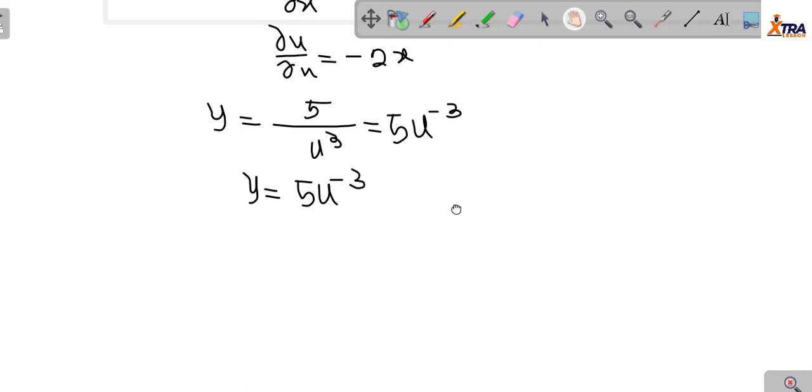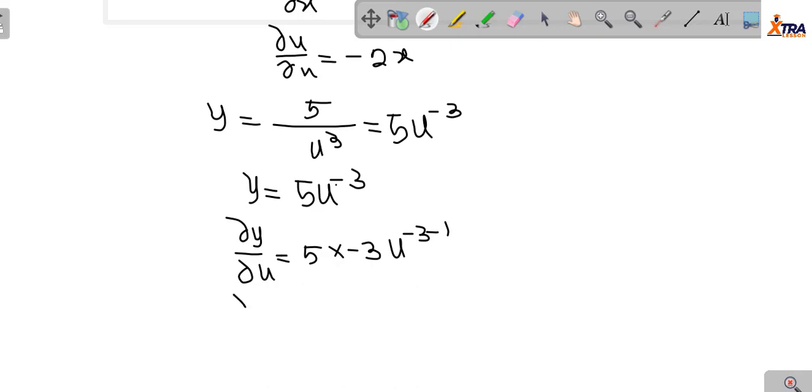Then the next thing is to find the derivative of y with respect to u. So I have 5 times minus 3, u raised to power minus 3 minus 1.